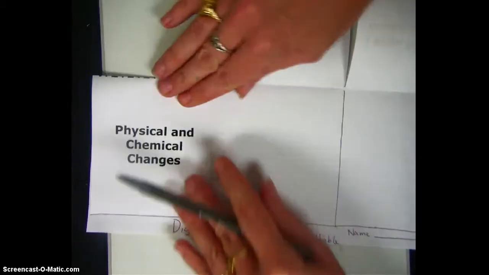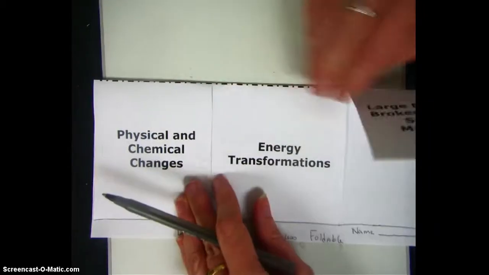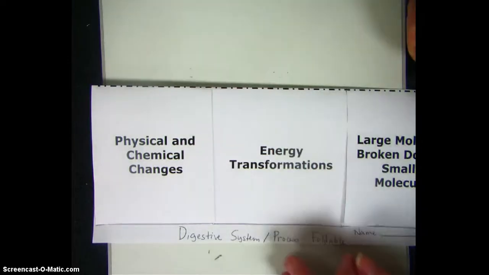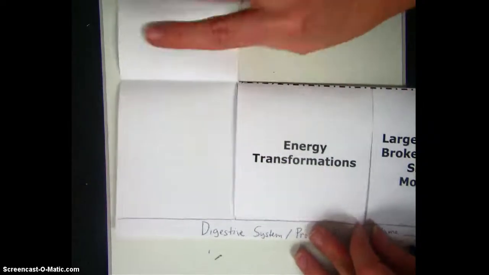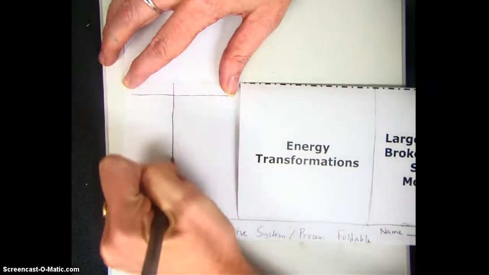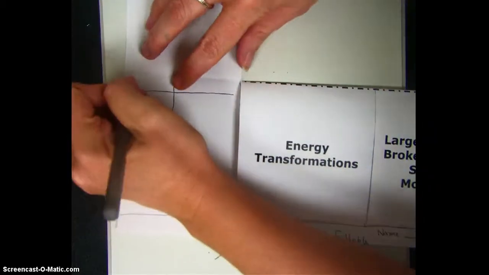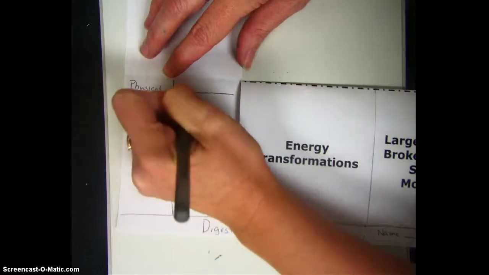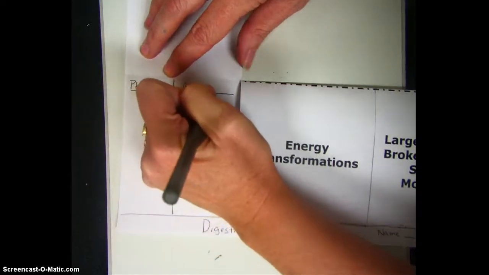So now we're going to start, hopefully as a review of what you've learned through this process, with physical and chemical changes. We're going to create a chart where we look at the physical and chemical changes that happen during digestion. We're going to write physical over here and chemical on the other side.